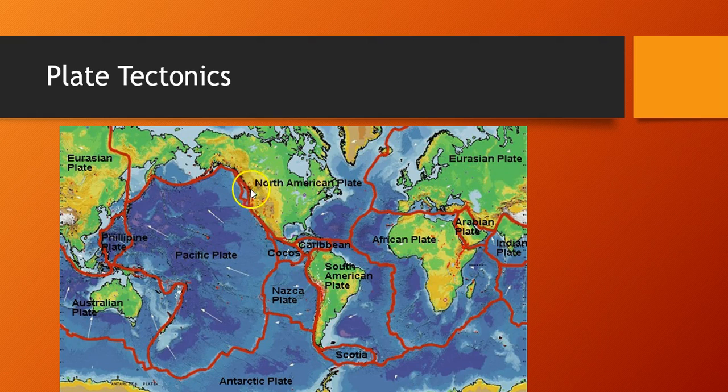There are volcanoes in this region. There is a huge mountain range down here. And one of the greatest earthquakes ever recorded was in Chile, which is right along this boundary. You also have regions like Japan, which sit right on top of a plate, and there you experience earthquakes and tsunamis.